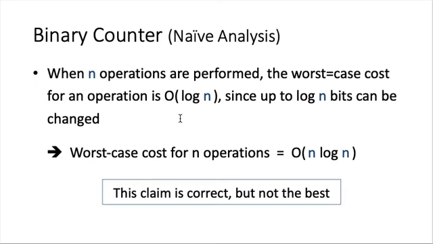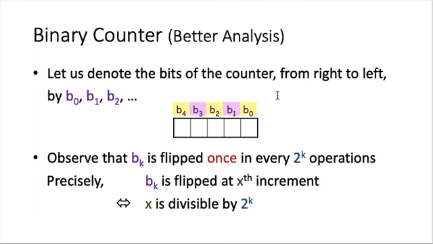In such a case, the worst case cost for one single operation is order of log n, because one operation may change up to log n bits. So the worst case cost for n operations will be n log n. Now again, just like the superstack problem, this claim is correct, but it is not the best. So let's take a closer look.